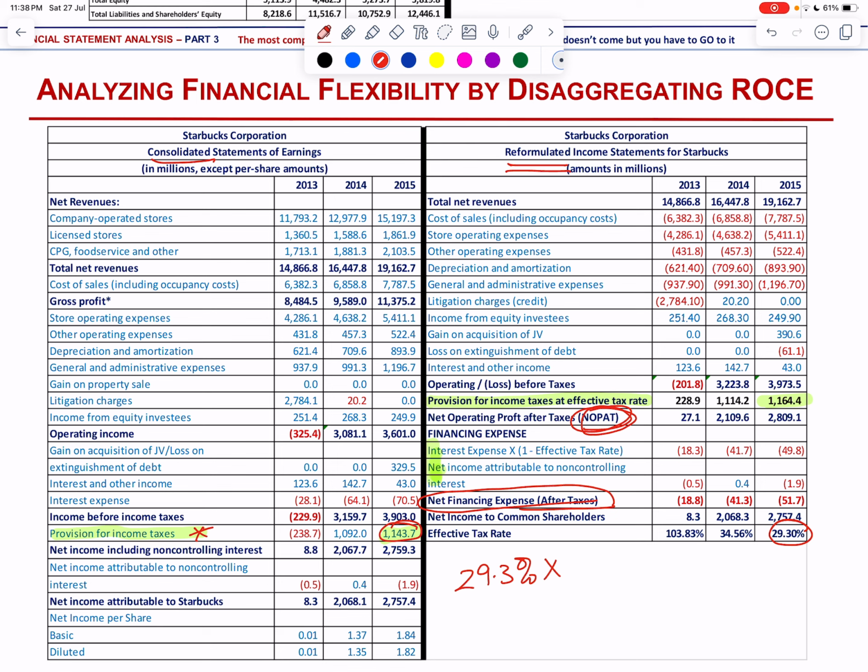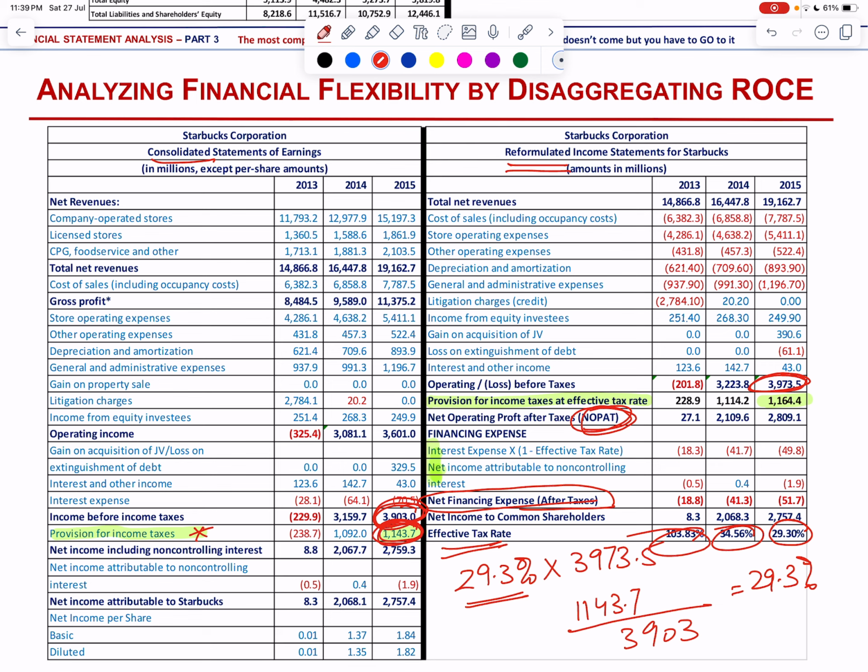So that is 3973.5, where this 29.3% is the effective tax rate, and that is the income tax expense of 1143.7 divided by the earnings before taxes of 3903. So when you solve, this will be 29.3%, and you can calculate the same for 2014 or 15 as well.